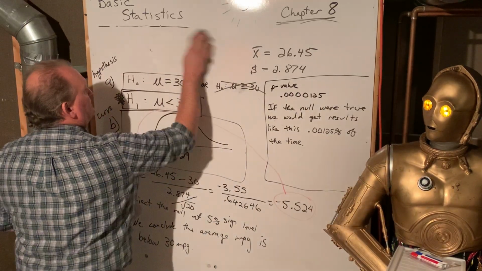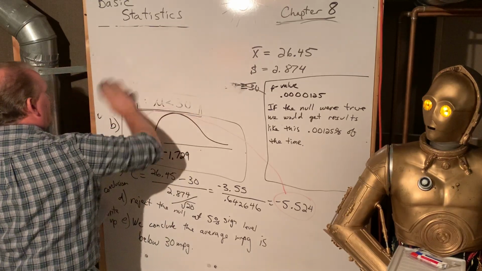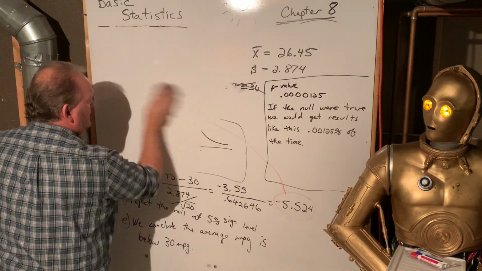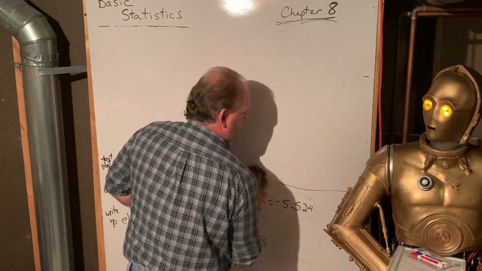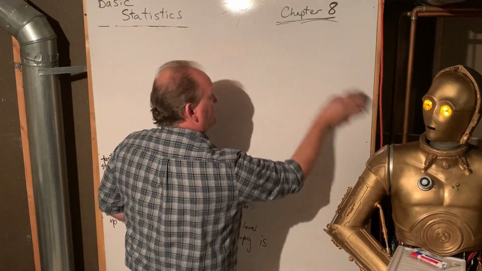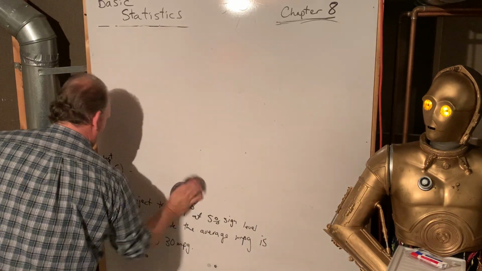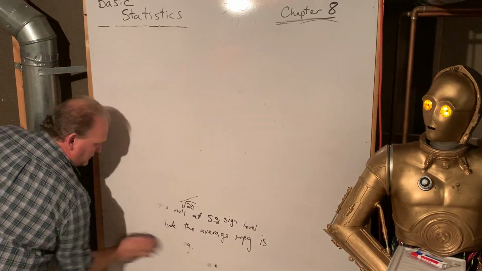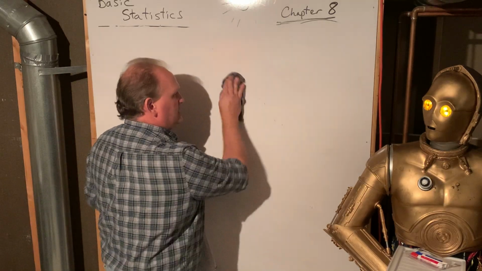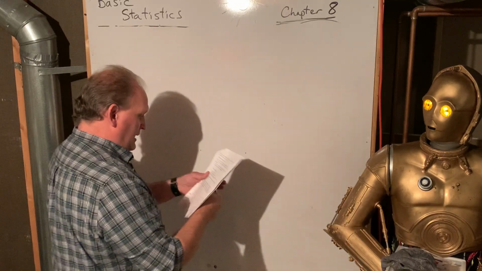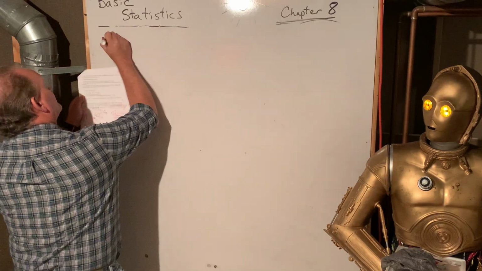So let's take a look. This again is going to be T. We're going to use the t distribution again. And so we're going to run through those 5 steps that I just erased again. So let's do it.